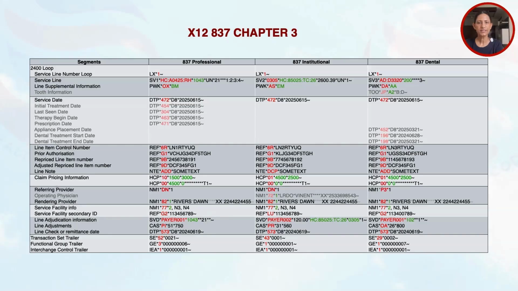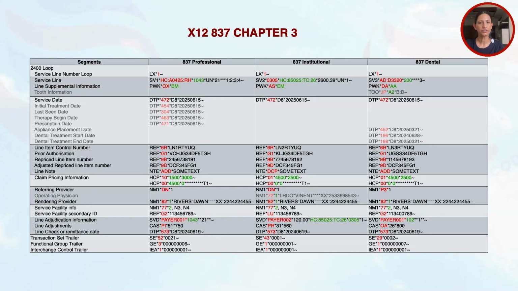Then there's an optional segment for supplemental or extra information that can support the line item here. This is represented by the PWK segment. It's a way to provide information about what extra details like reports and x-rays are being shared with the claim. In chapter 2, we already saw the different code types that can be used in PWK01. I will not go into the types again.